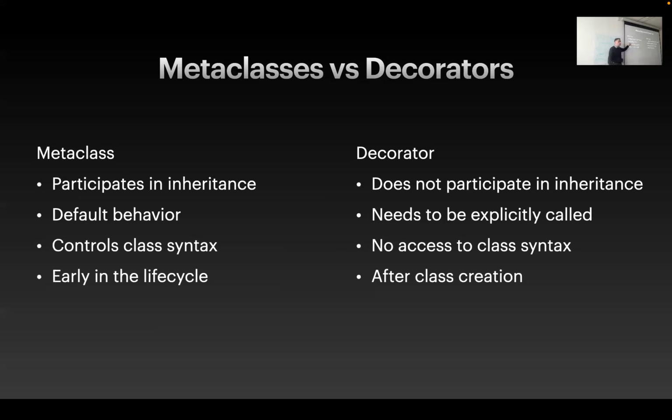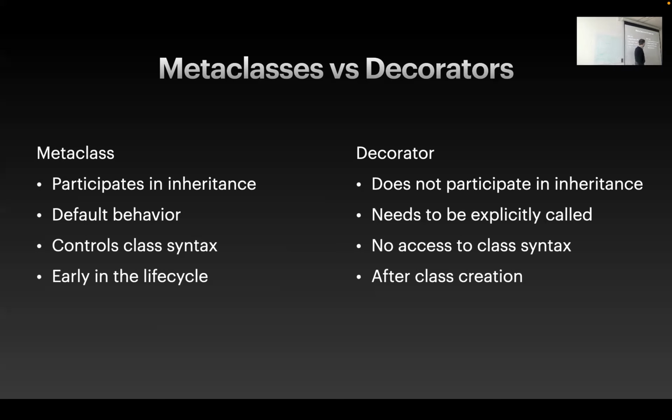The second big difference basically ties in on the above. This is default behavior. Once you define a class, it's nothing special. The decorator needs to be explicitly called. If you have a decorator, you need to put it every time on the class, right? And the decorator has no access to class syntax. The decorator is changing just the class object after it has been created. But with metaclasses, you can do some weird stuff, black magic, like we saw with the enum and the overload.